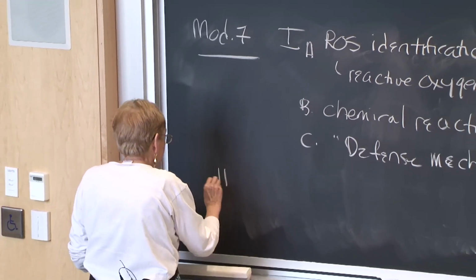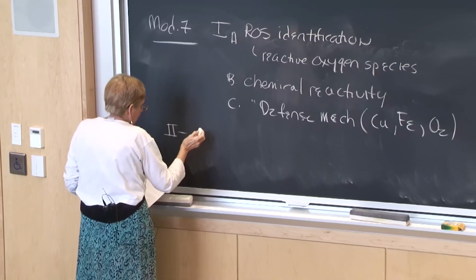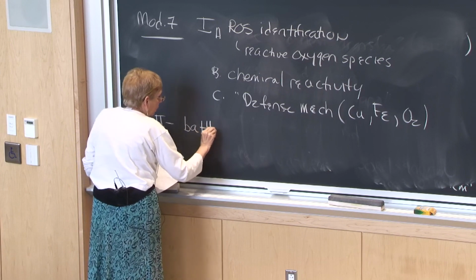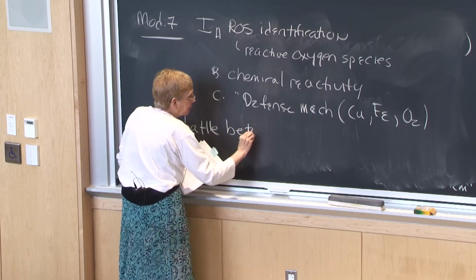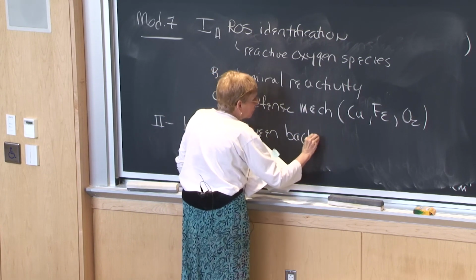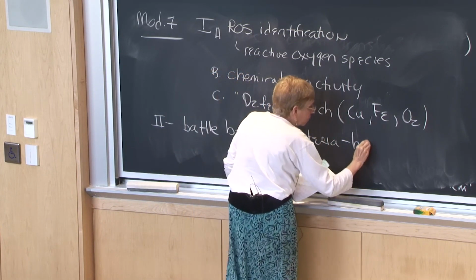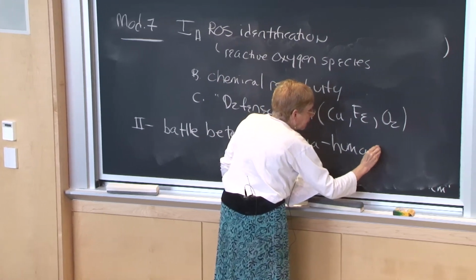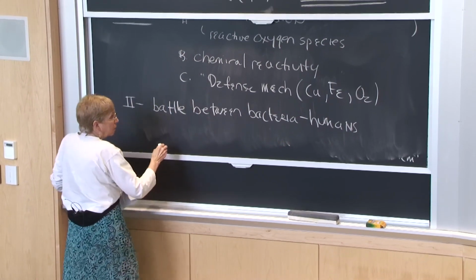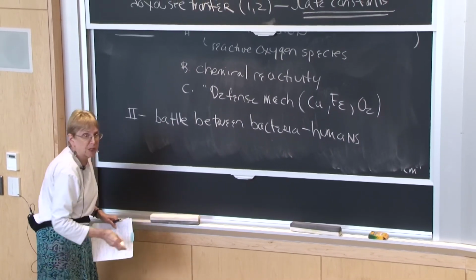Then we're going to move into the question of the battle between bacteria or viruses or parasites in humans. And what I'm going to talk about specifically is destruction of bacteria by neutrophils.